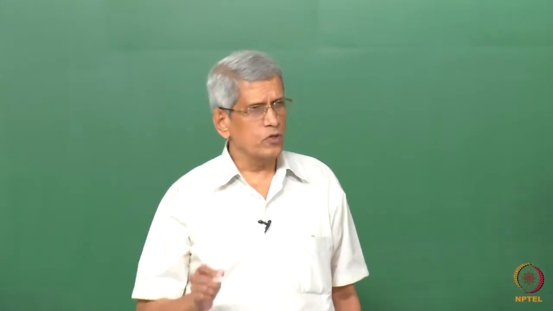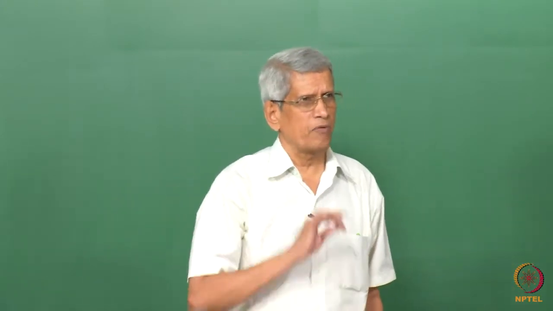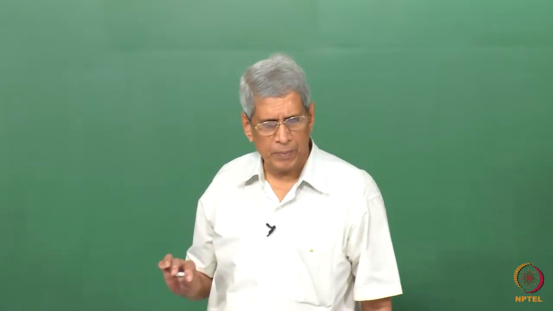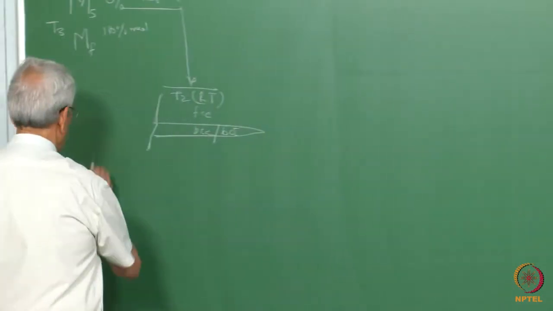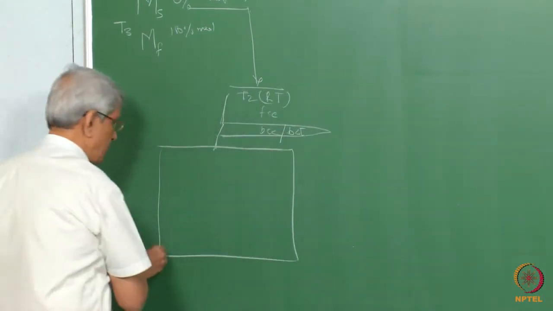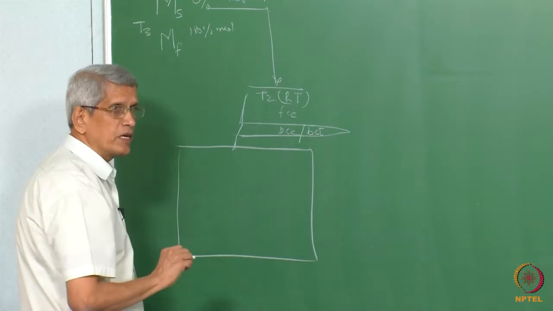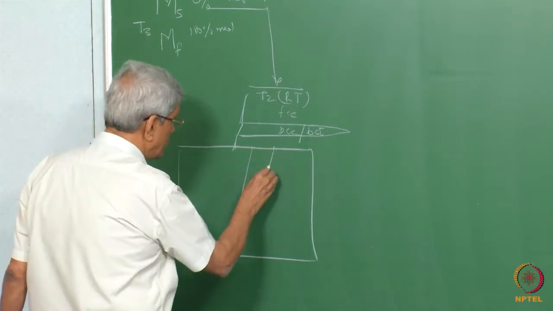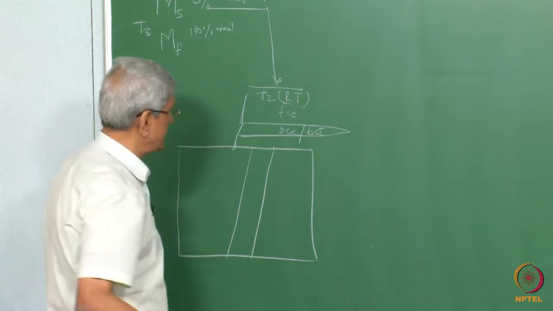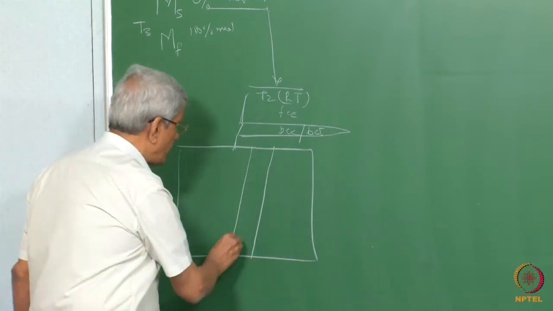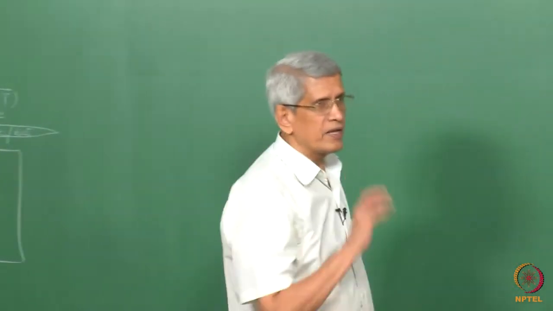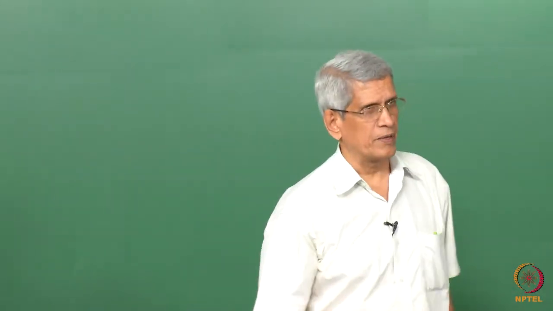Assume that a plate type of martensite forms. Then the first thing observed is that this plate forms with two very sharp interfaces.